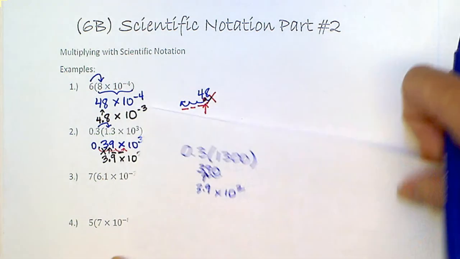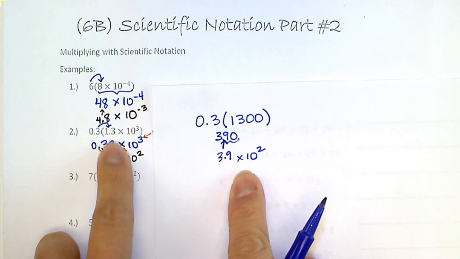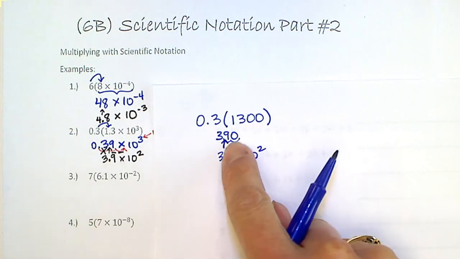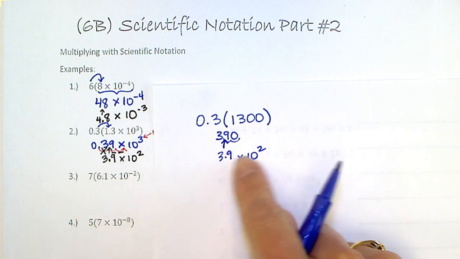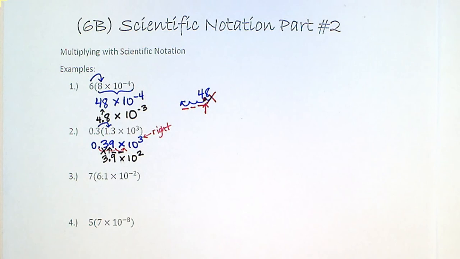And look, that's what we got scientifically also. So you can stay scientific and adjust, or you can go to standard, do regular multiplication with a calculator, and then rewrite your answer. I'd like for you to try 3 and 4 on your own and then watch the next video and see if you got them right.